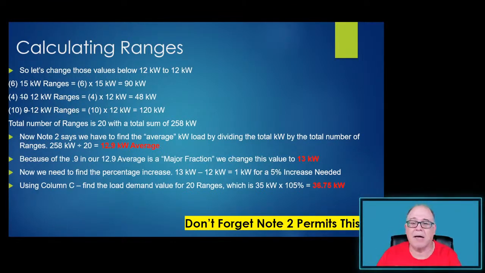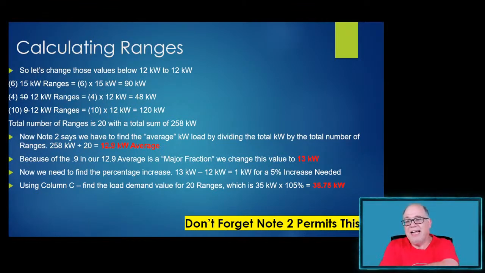You go back to column C, you go down to where there's 20 ranges, you go all the way to the right to column C, and you find out what the maximum demand is for 20 ranges. It's 35 kW, and you have to increase that by 5%. So you take that 35, multiply it by 105%, or you could take the 35 times 5% and then add that back to the 35. It's totally up to you. Ultimately, it's going to be 36.75 kW.